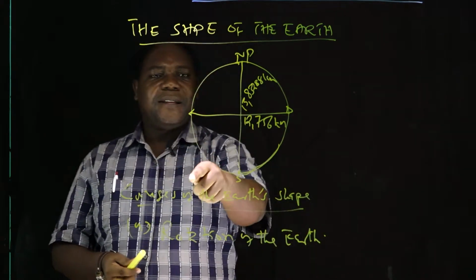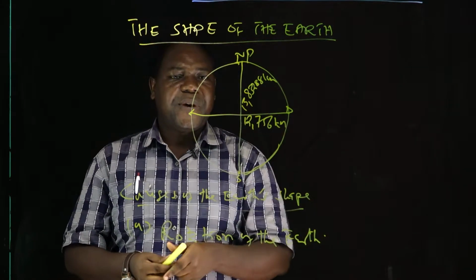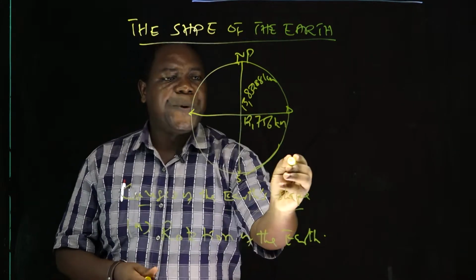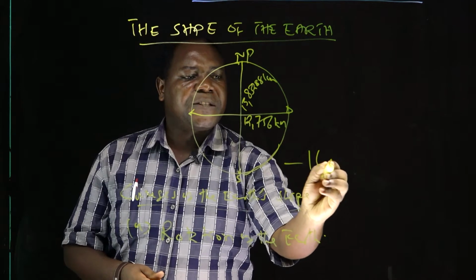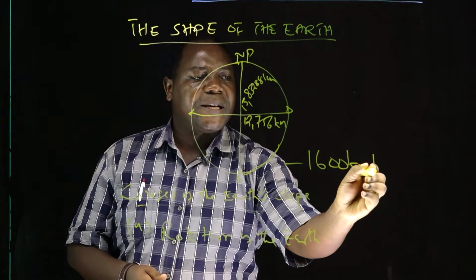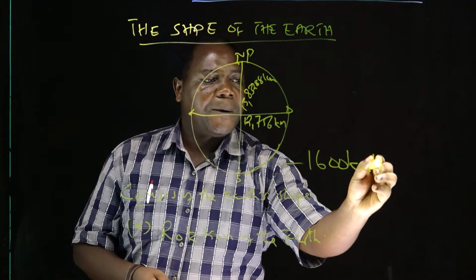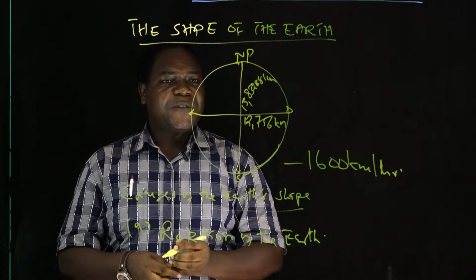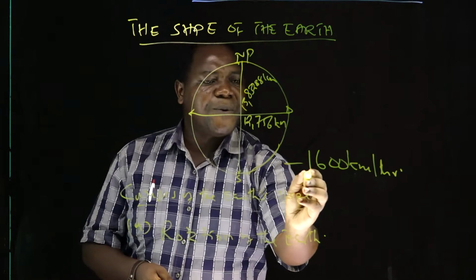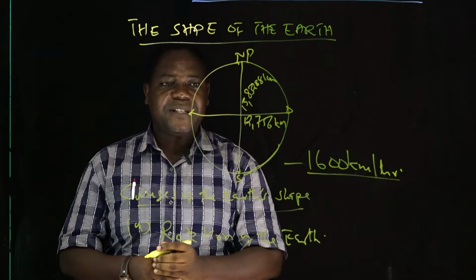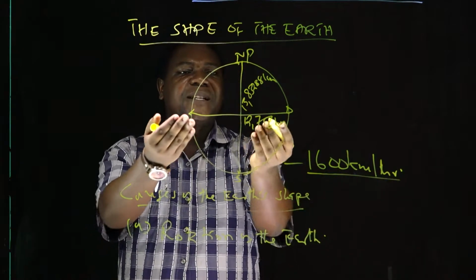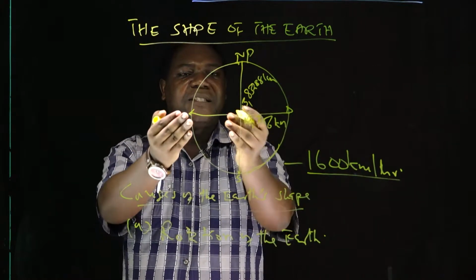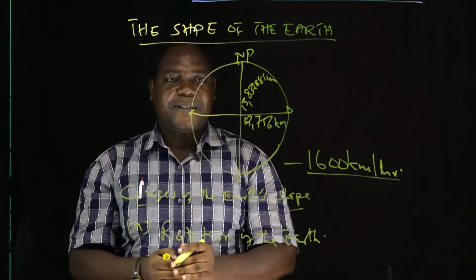But as the earth rotates west to east, the speed is so high at the equator that the speed is almost 1600 kilometers per hour. Now, at this speed, the centrifugal force has been able to overcome the earth's gravity. That's why matter is pulled outward at the center. And it is this act that led to the bulging of this part.